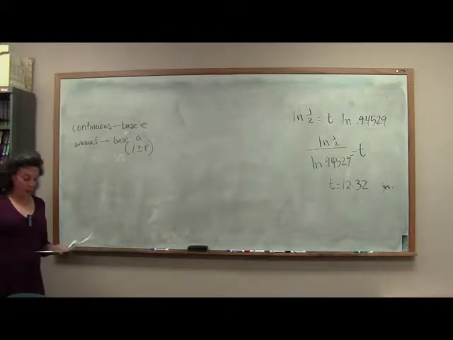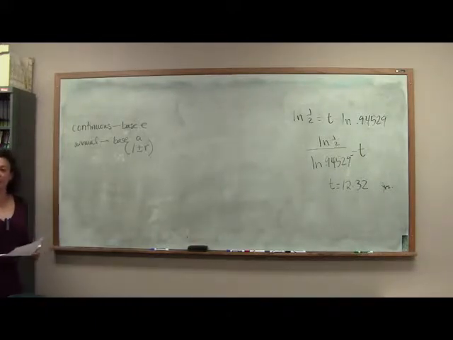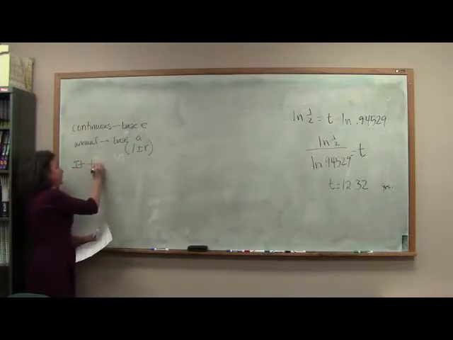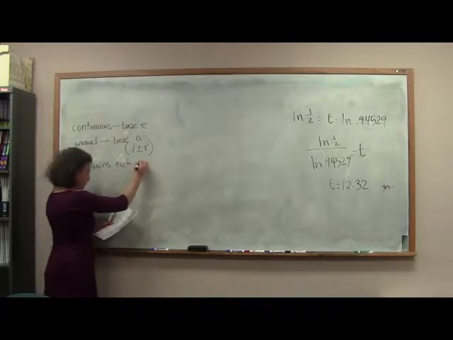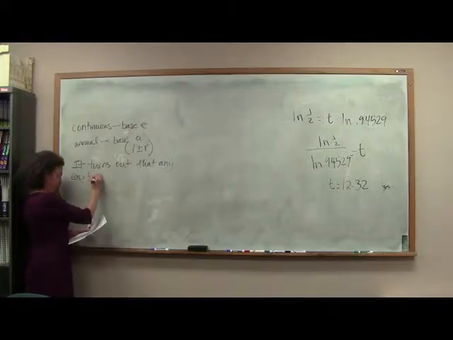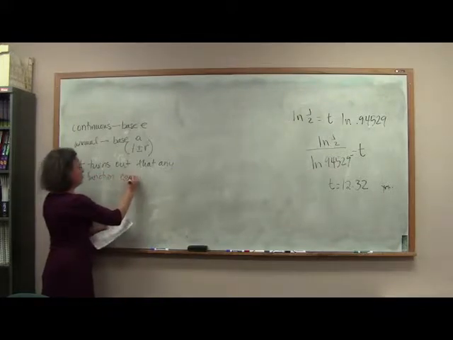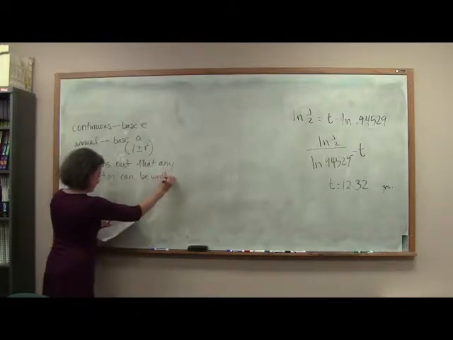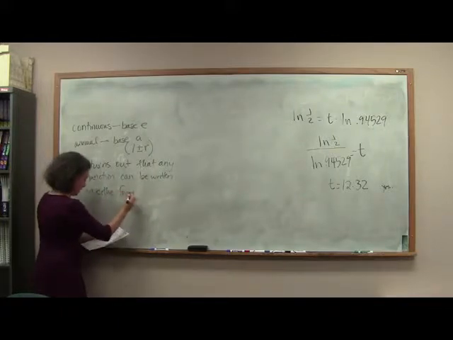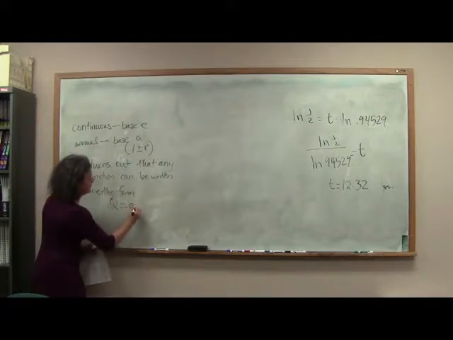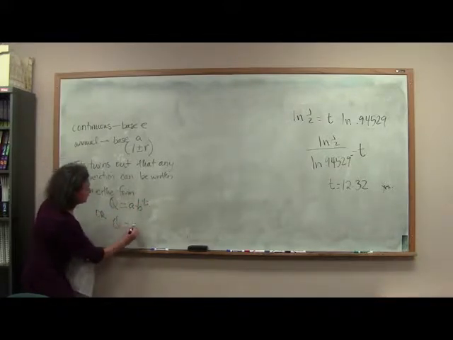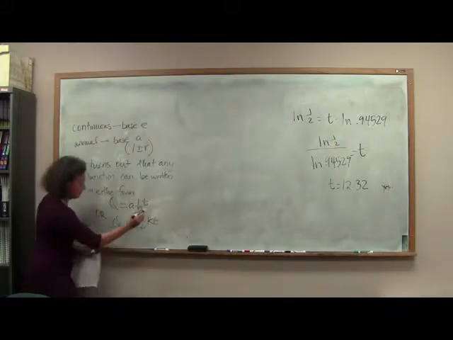Just very quickly how to go back and forth, and then we're just going to play with a few more examples. Okay? So, let's say the following. It turns out that any exponential function can be written in either form. In other words, say Q is A times B to the t, or Q is A e to the kt.